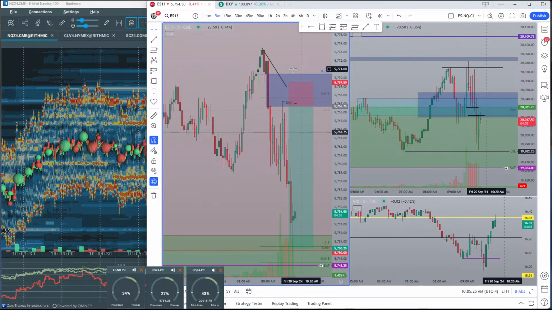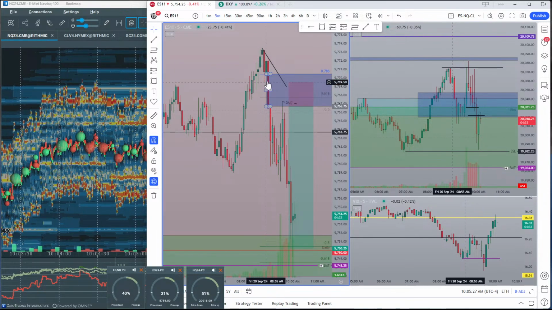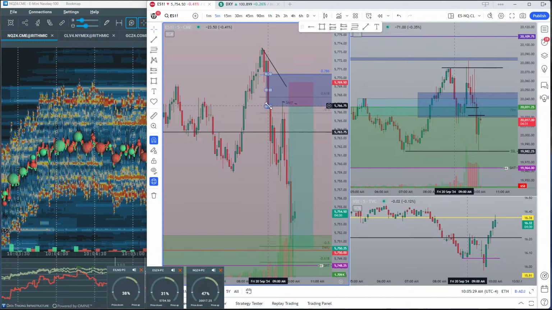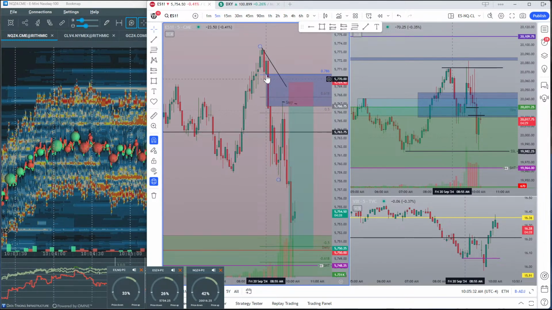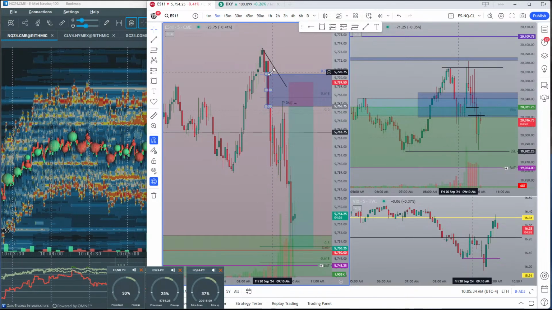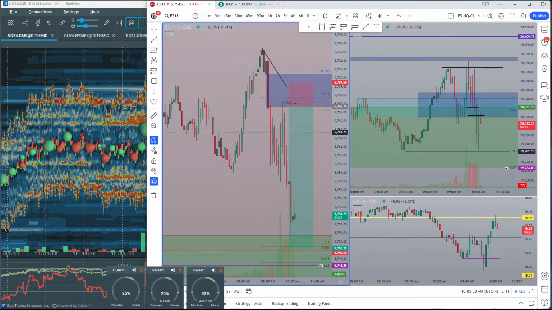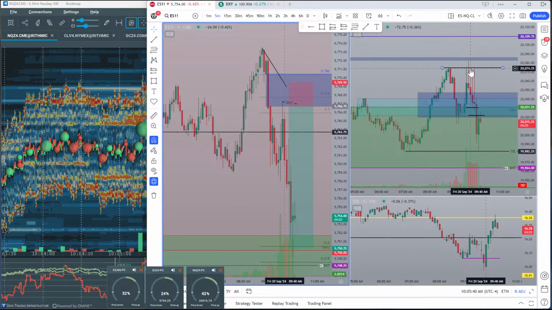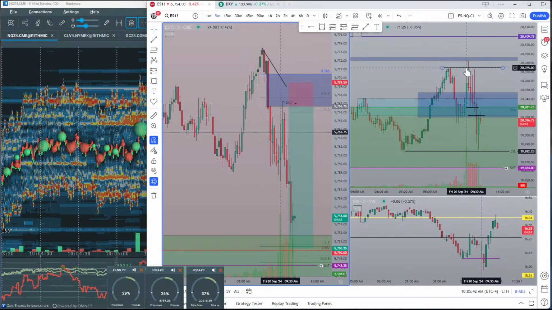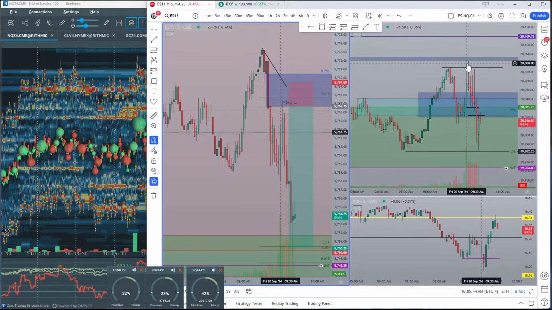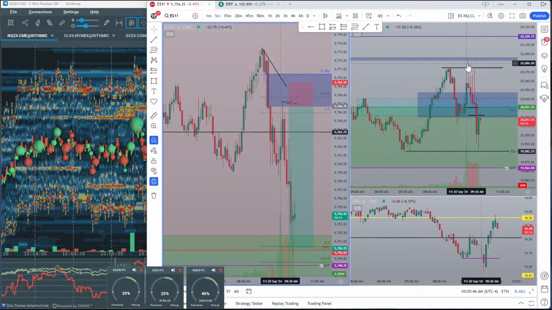With that being said, we have to really look for two things. We had the imbalance that was created right here. So this was our imbalance range, fair value gap. And we had an SMT divergence. We did have NASDAQ keep failing these highs. And that really should have been the clue that, hey, we got some SMT divergence. Take this short.